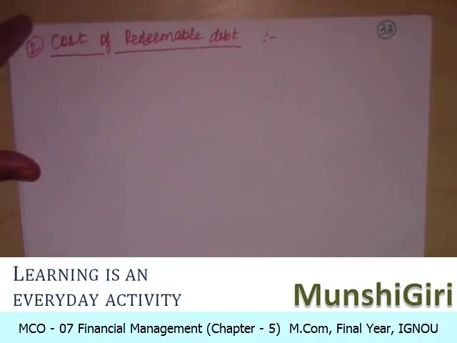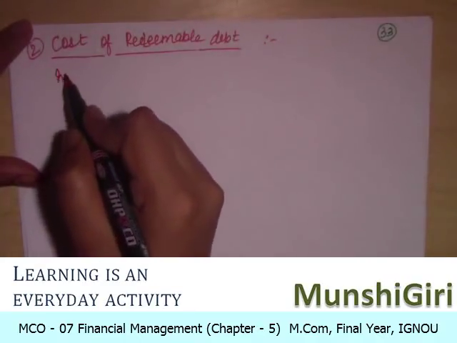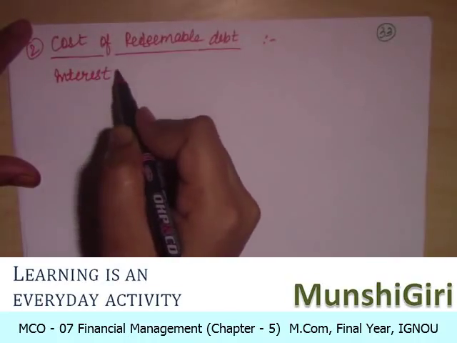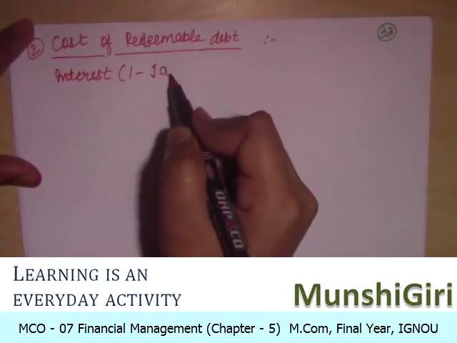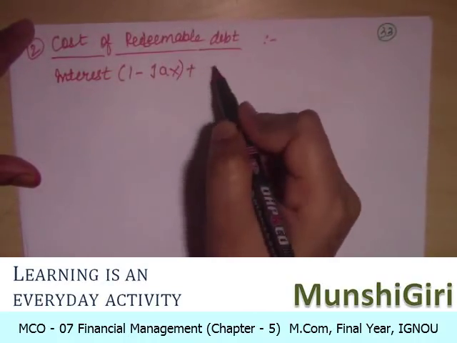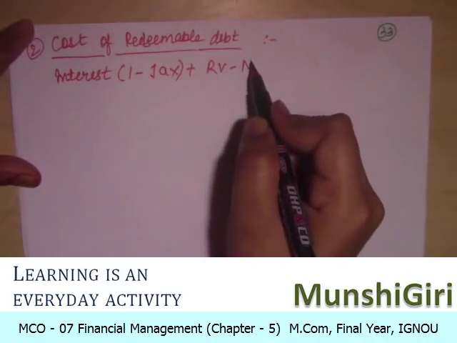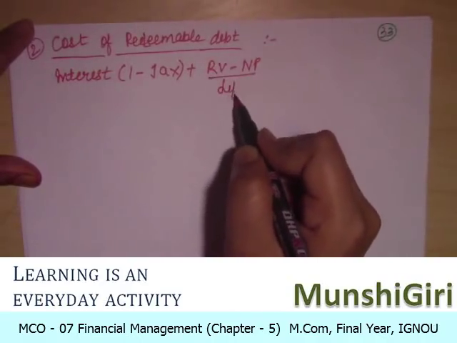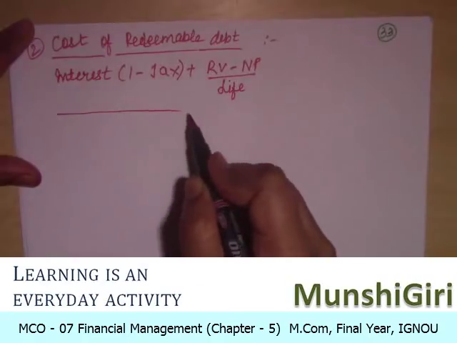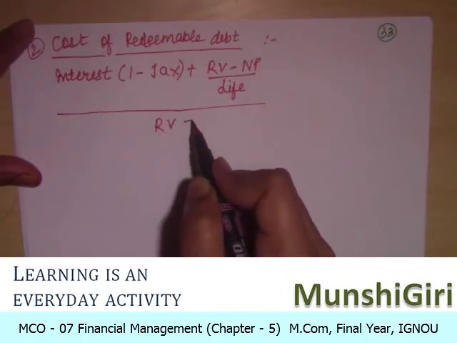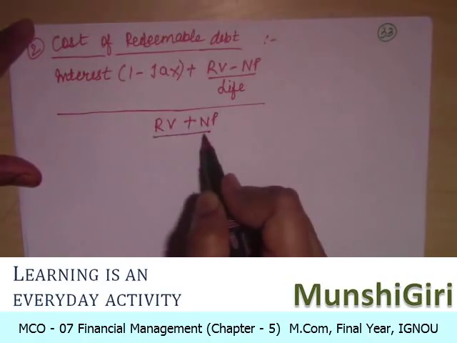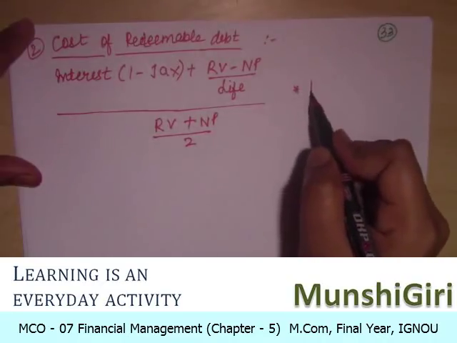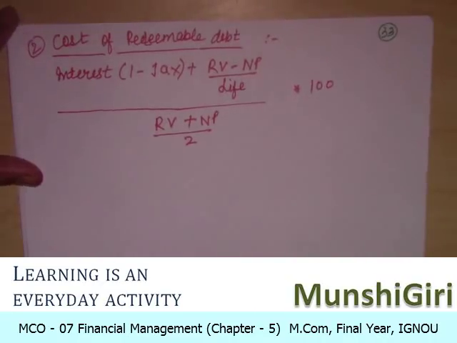This can be calculated using the formula interest (1 minus tax) plus (RV minus NP) divided by life. The whole thing is to be divided by (RV plus NP) divided by 2 and into 100. We have done this formula earlier also.